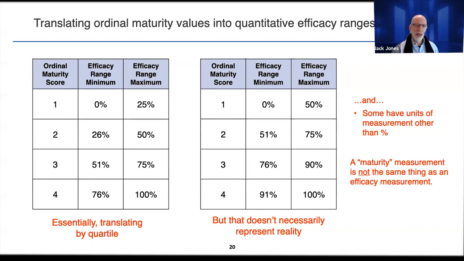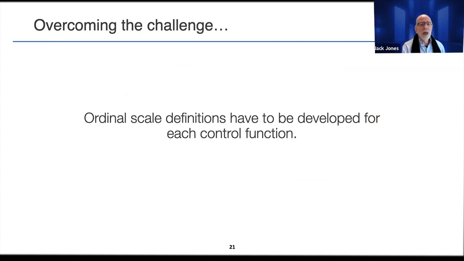And I think the 2 tables here kind of hopefully reflect that to some degree, that maturity score does not necessarily reflect efficacy. So at least not sort of simply as on the left. So something else to keep in mind that has to be wrestled to the ground if we want to be able to do this and have it stand up.